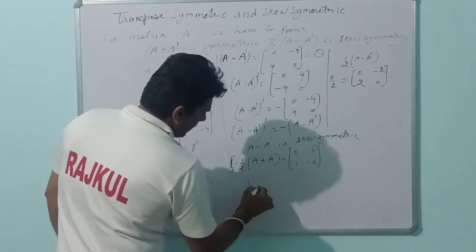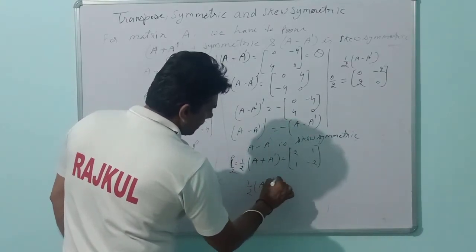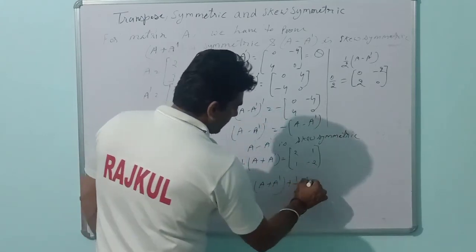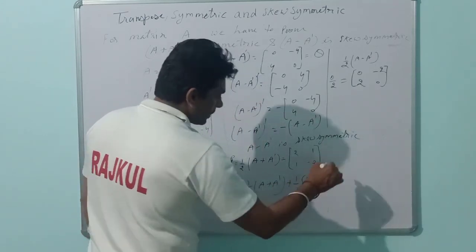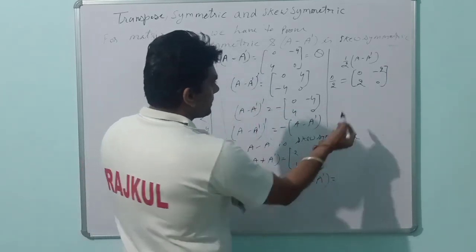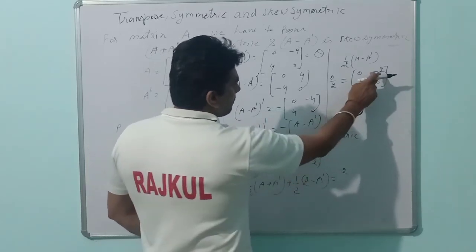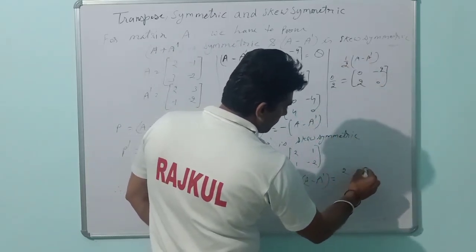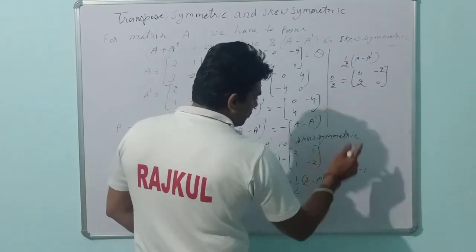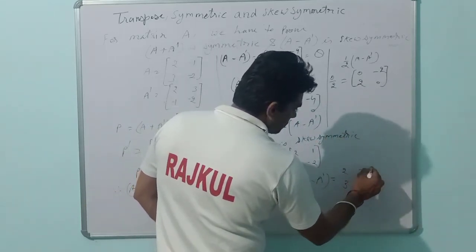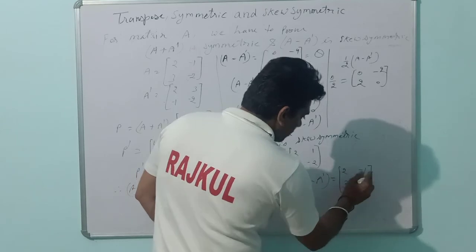Adding this, 0 plus 2 is 2, 1 plus minus 2 is minus 1, 1 plus 2 is 3, minus 2 plus 0 is minus 2.